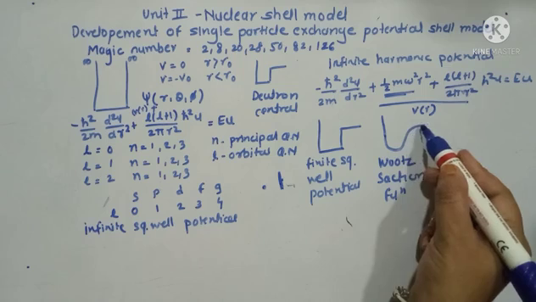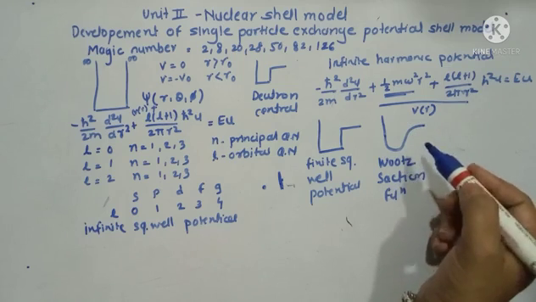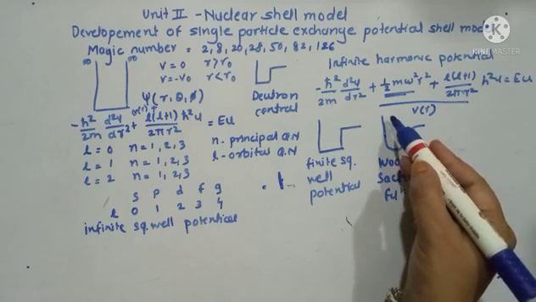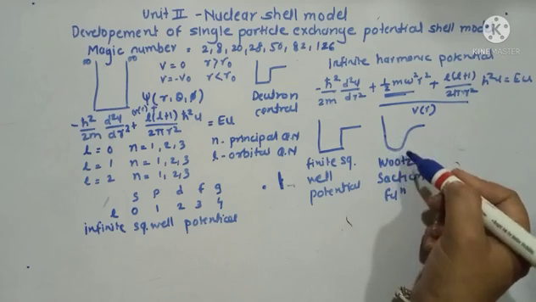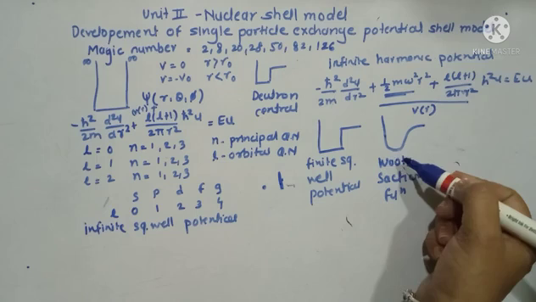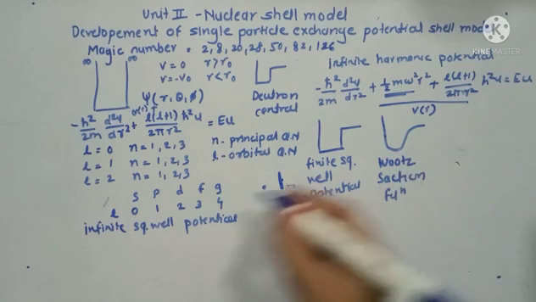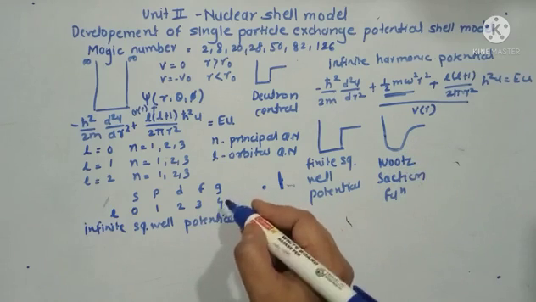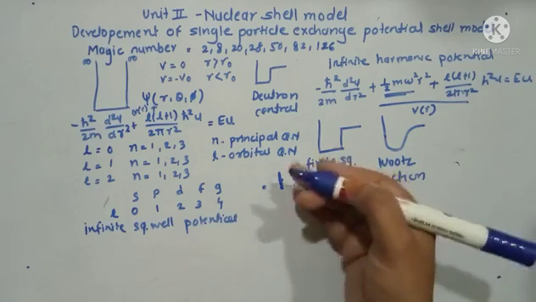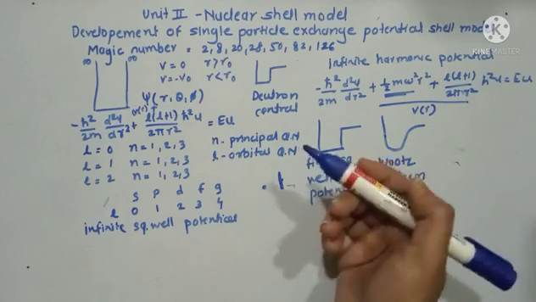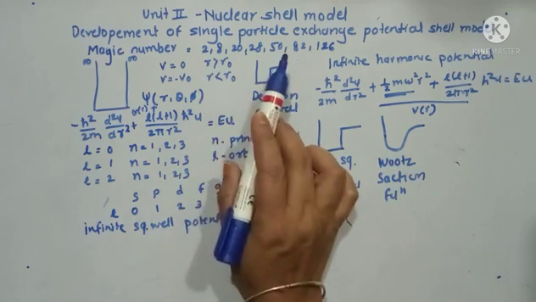exponentially decaying potential. The scientists tried the Woods-Saxon function, which shifted the energy levels a little bit to a higher level, but still they were not getting the magic numbers.